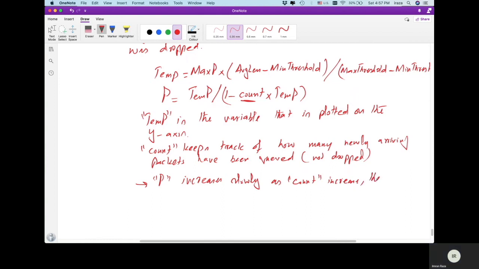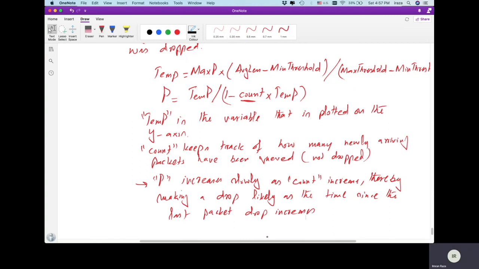Thereby making a drop increasingly likely as the time since the last packet drop increases.